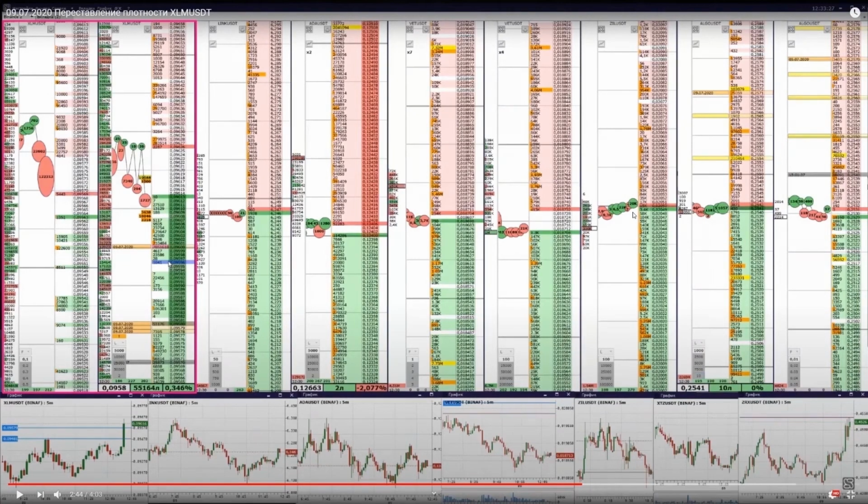Here we see that everything is almost very good in the transaction tape. We have a big density in the limit order part, so there are no problems. We're just keeping our position and trying to maximize profit.